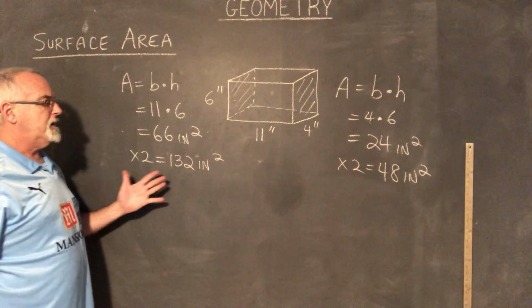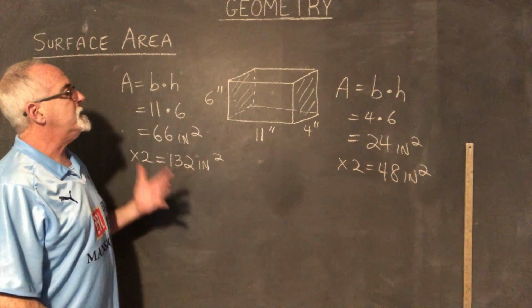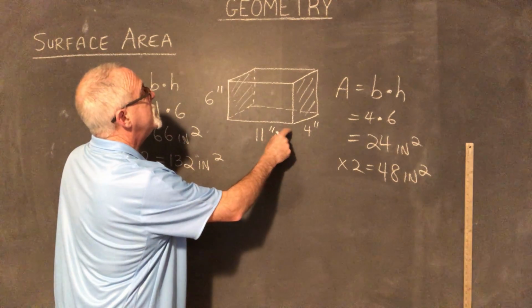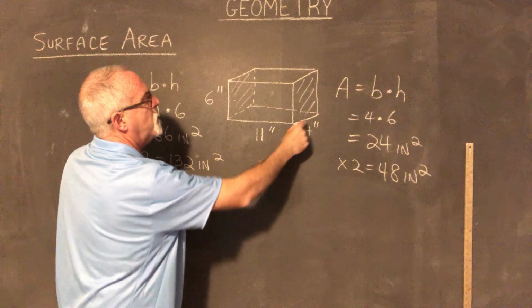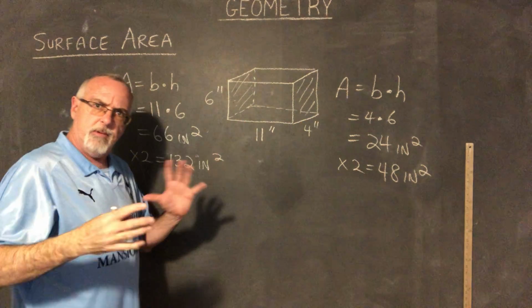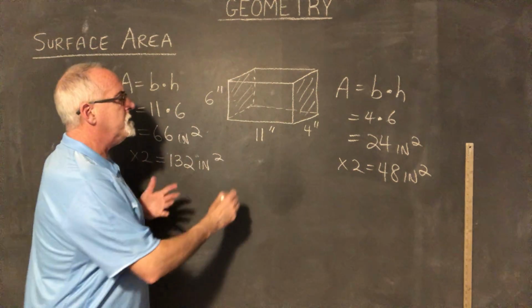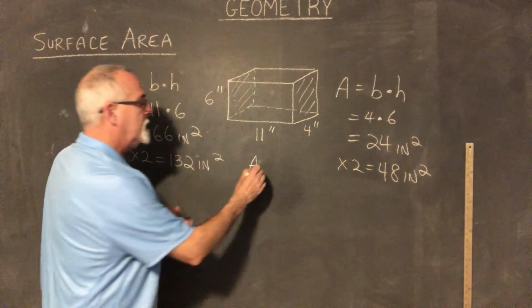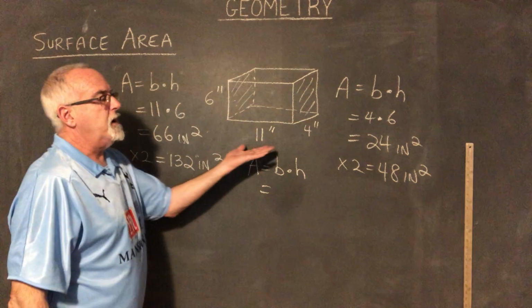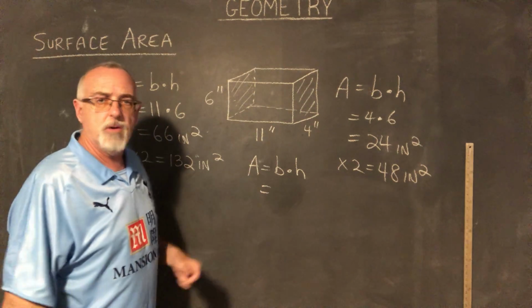We're nearly there. We have 2 faces here, 2 faces there. We need the last 2 faces. The last 2 faces are going to be the 4 by 11. 4 inch and 11 inch, and that's a little bit harder to visualize, but that's the bottom and the top. So the bottom and the top are also rectangles. They still have the same area formula. And which one we call the base and which the height between the 11 and the 4, well, it's a toss-up, so we can do it either way.